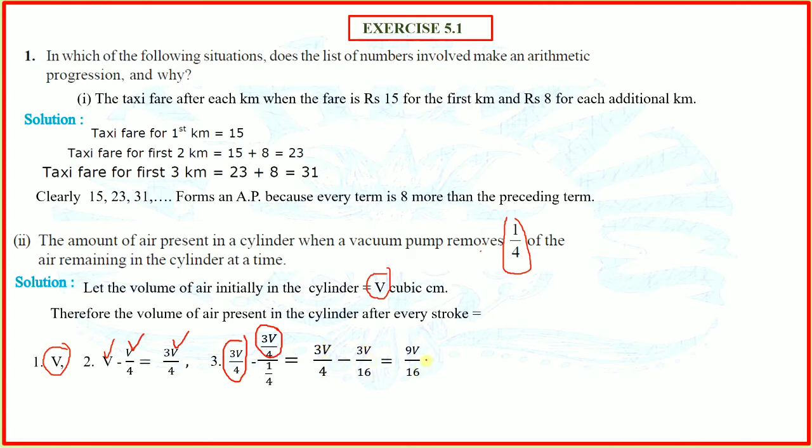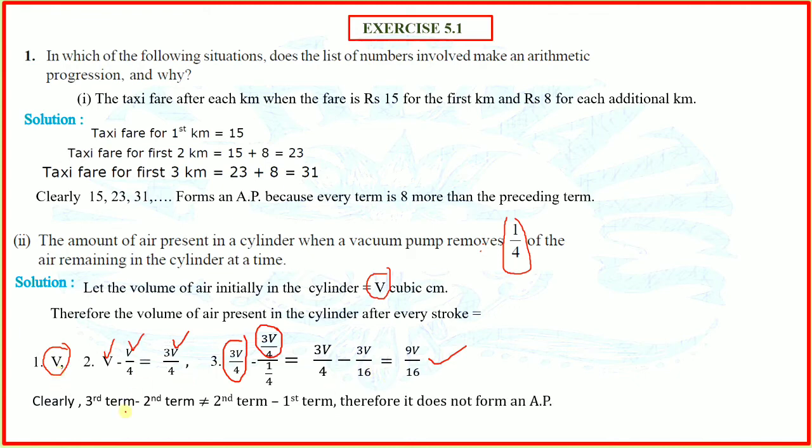If we take the LCM then it is equal to 9V/16. So clearly the second minus first and the third minus second are not equal. Therefore it does not form an AP.